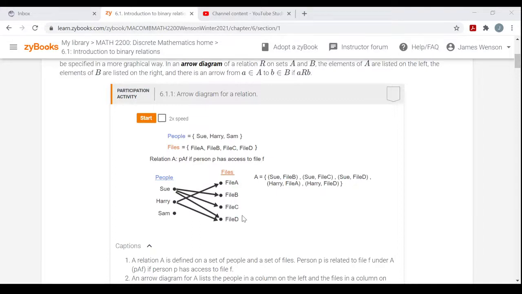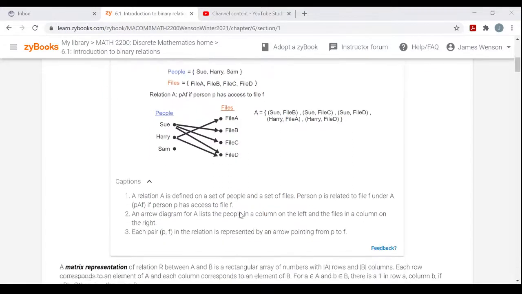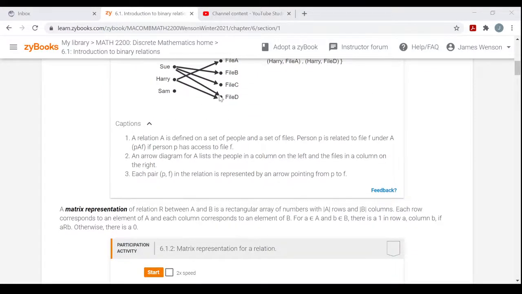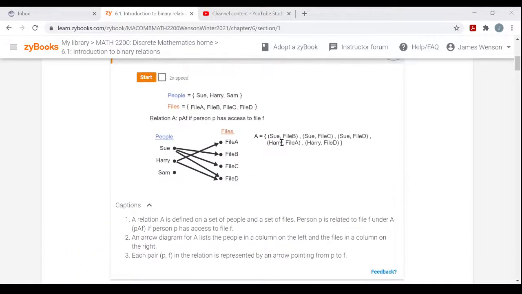Again, not every relation is a function. But some relations are functions. A function is a very, very specific kind of relation. Now there are going to be lots of ways to represent relations.